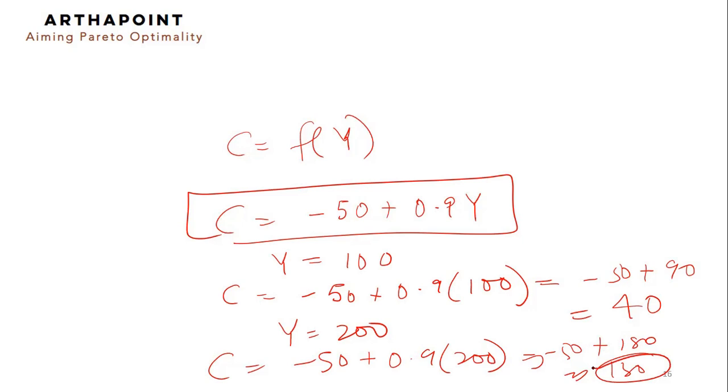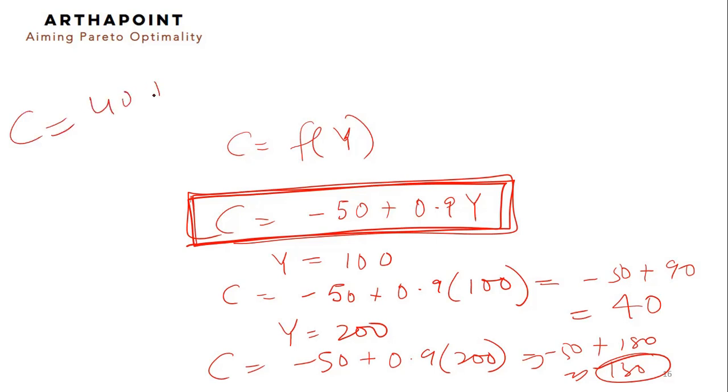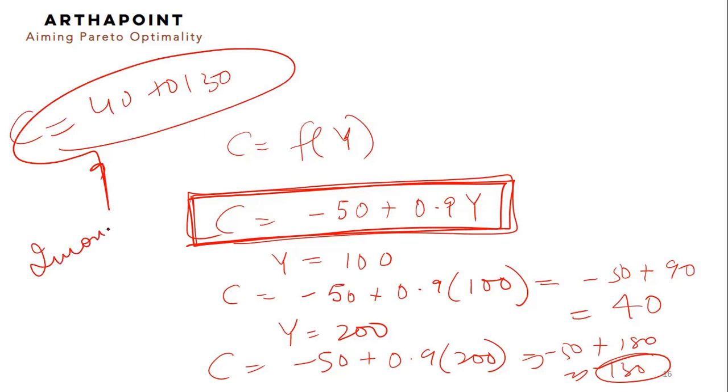But now, if I write my relationship as this, then I am actually stating that income is solely able to explain consumption. There is no other factor that is required to explain consumption. Income is enough to explain whatever changes are taking place in consumption. So ideally, when your consumption increased from 40 to 130, it was solely because your income increased.